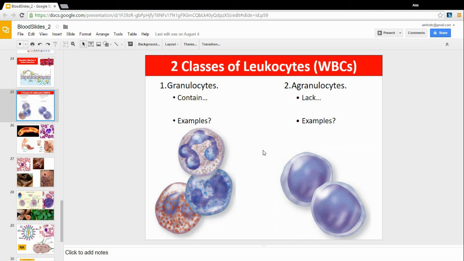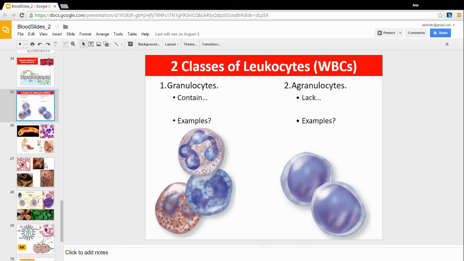Agranulocytes, on the other hand, lack the visible granules under the light microscope. When you treat white blood cells with this dye called Wright stain, you can see granules in one group, but you can't see them in the other. Two types of agranulocytes: monocytes and lymphocytes.